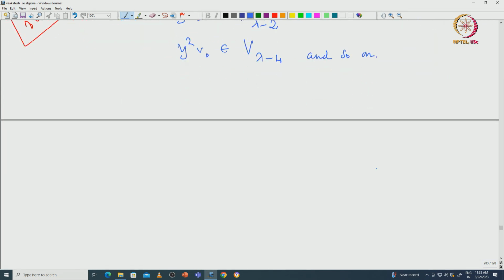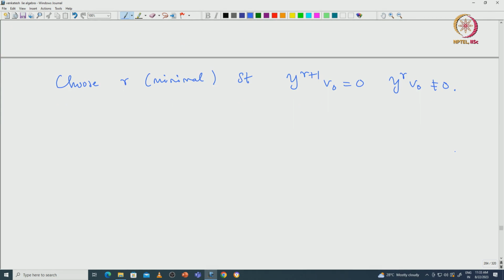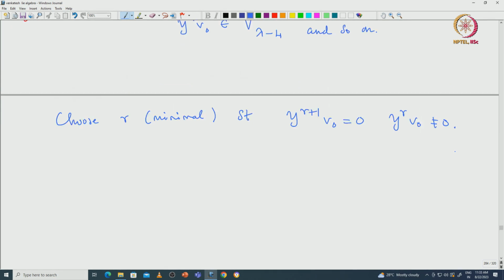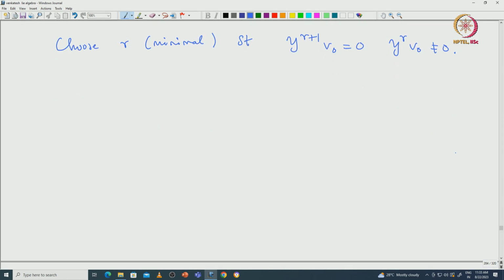Again, what we can do is choose r, again minimal, such that y power r plus 1 v naught is 0, but y power r v naught is non-zero. Okay. So, then you can see, if I start with this vector v naught and I am interested in the submodule generated by v naught, what is the submodule generated by v naught?